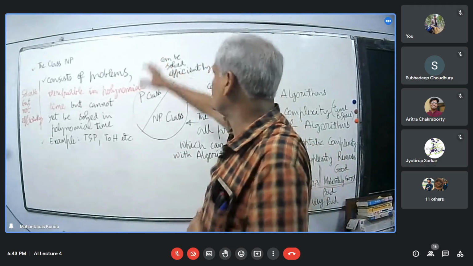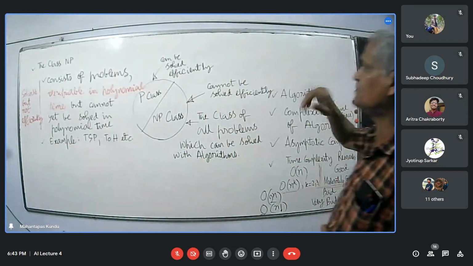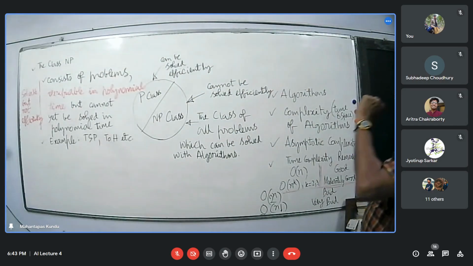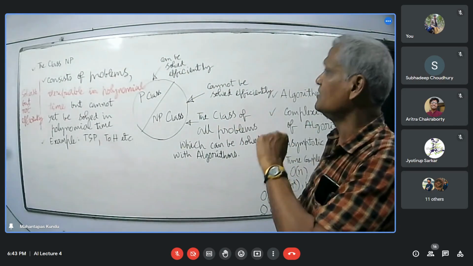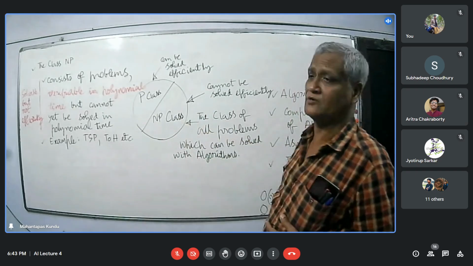So the class of NP problems consists of problems verifiable in polynomial time, but cannot yet be solved in polynomial time.